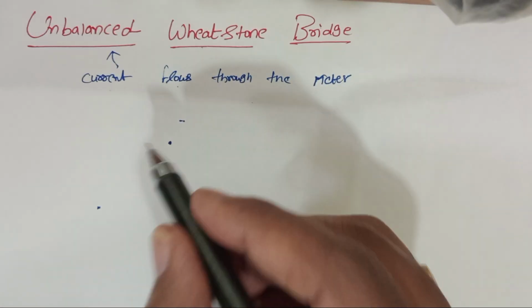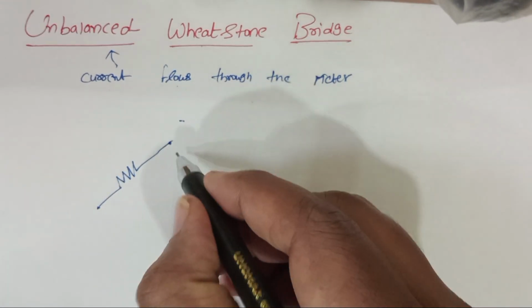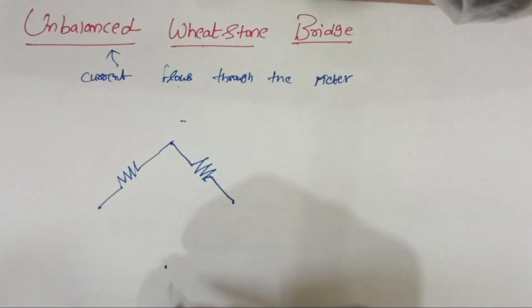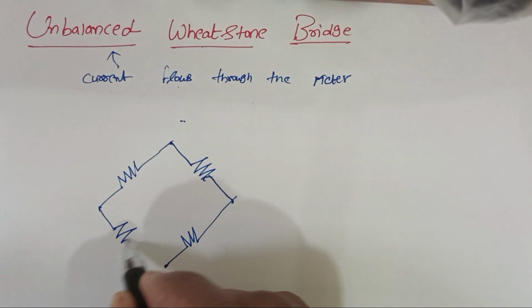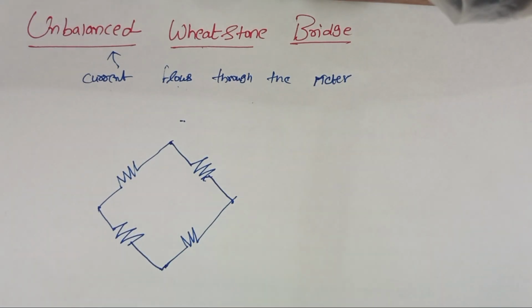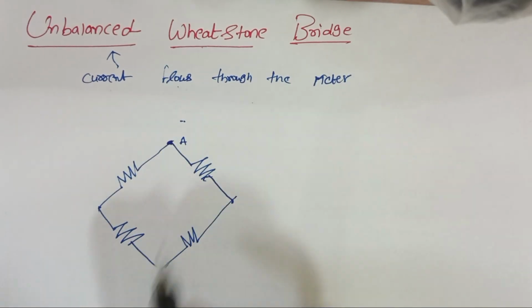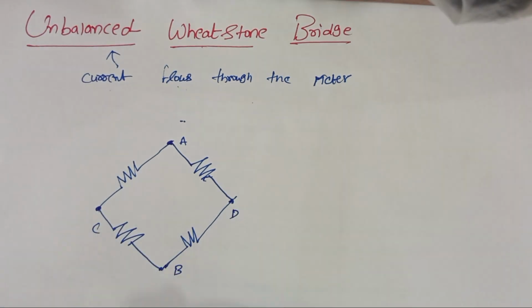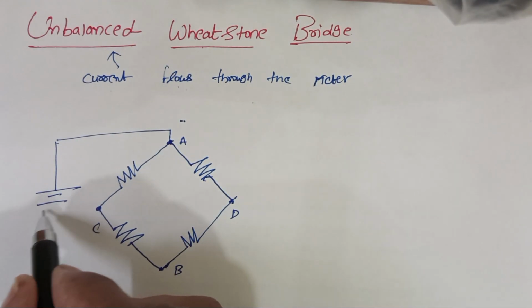So in this case, I'm drawing the Wheatstone bridge again with four arms. These are the four arms, and the terminals are A, B, C, D. Between the terminals A and B, we have a DC source.